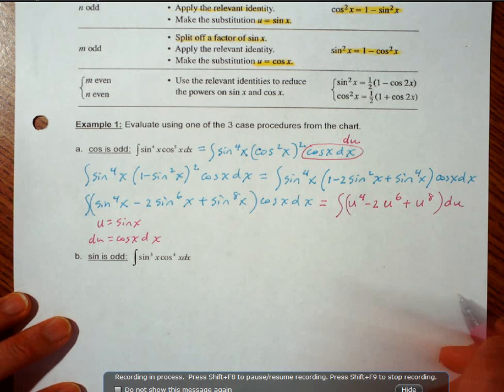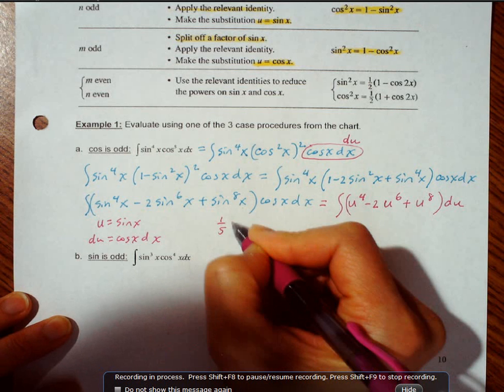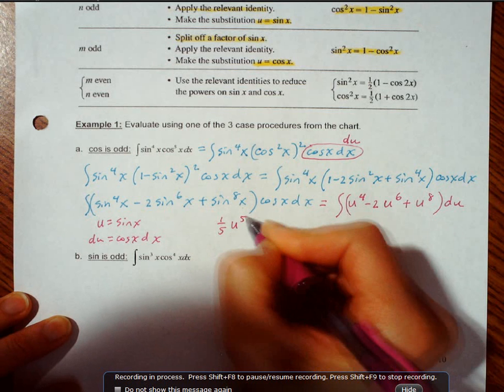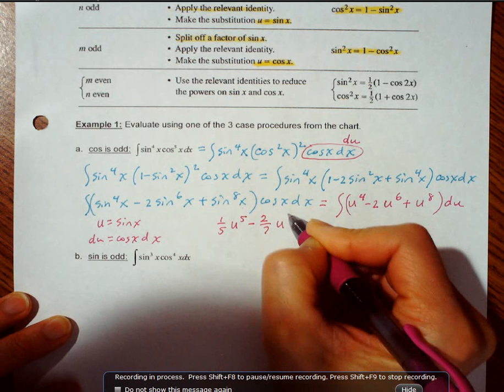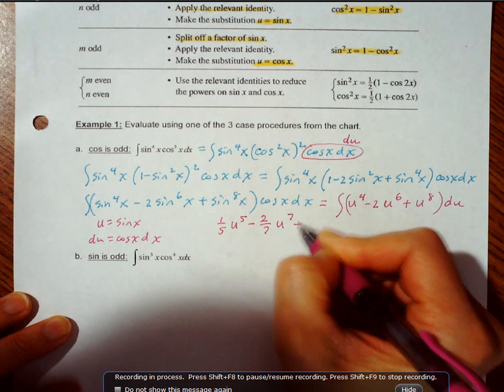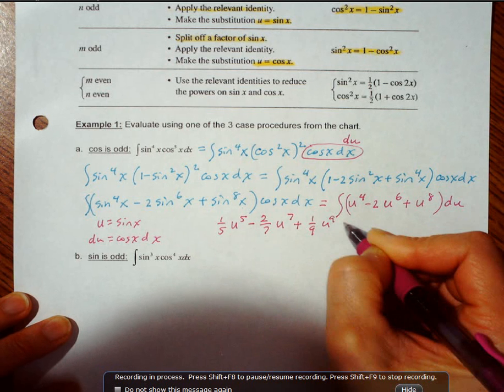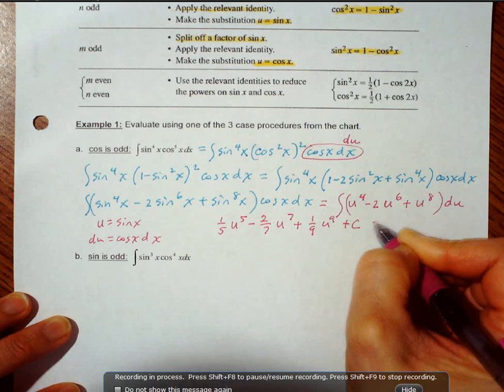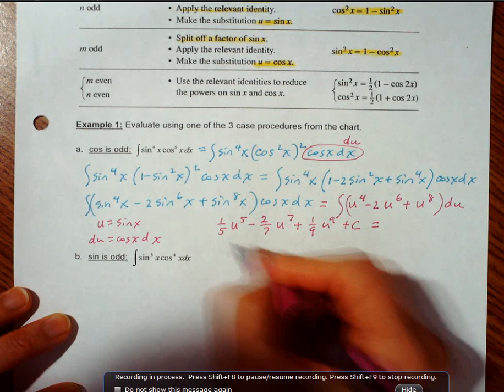Now I'll integrate. That is 1/5 u to the 5th minus 2/7 u to the 7th plus 1/9 u to the 9th plus c. And then I'll substitute u equal to sine of x to get my final answer.